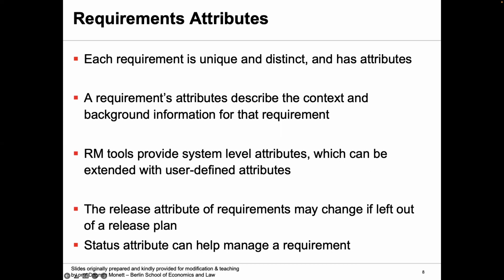Okay, now we talk about how we can manage requirements through requirement attributes. It says that each requirement is quite unique and distinct and has certain attributes. We need to think of the requirement basically as an object, and any object will have some properties that are going to distinguish it from other objects, right? In the same way, each requirement will have properties that distinguish it from the other requirements.